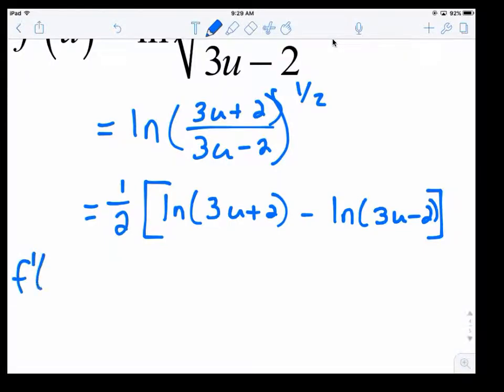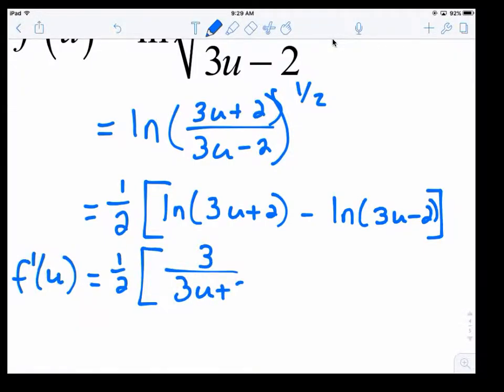So f prime of u, I have 1/2. So the derivative of ln of 3u plus 2 would be turned into what? 1 over 3u plus 2 times now the derivative of the inside, which is just 3. So you have 3 over 3u plus 2 minus, what is the derivative now of that?